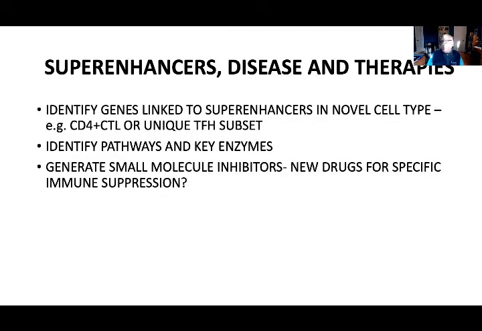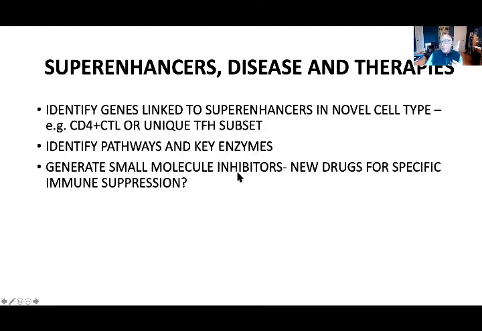So we use this as a tool. I'm not going into the methodologies of these. We could discuss that, but we use things like ATAC-seq, DNA methylation, and histone modifications to identify super enhancers. Anyway, we identify genes linked to super enhancers in CD4-CTLs and some TFH subsets we're interested in. This helps us identify pathways and enzymes.